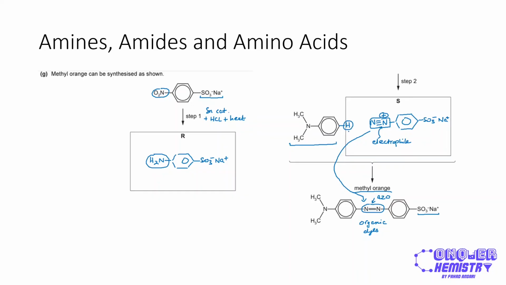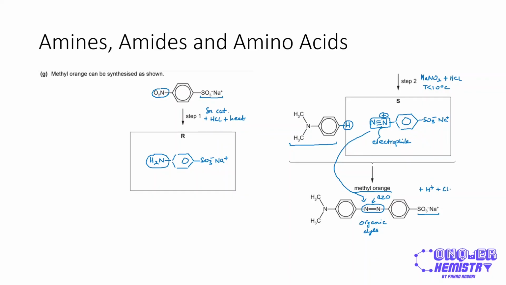The electrophile that is substituted is going to be H+, and in this step 2 over here, because we have sodium nitrite and HCl at a temperature of less than 10 degrees Celsius, the diazonium ion over here is going to be bonded to chloride.